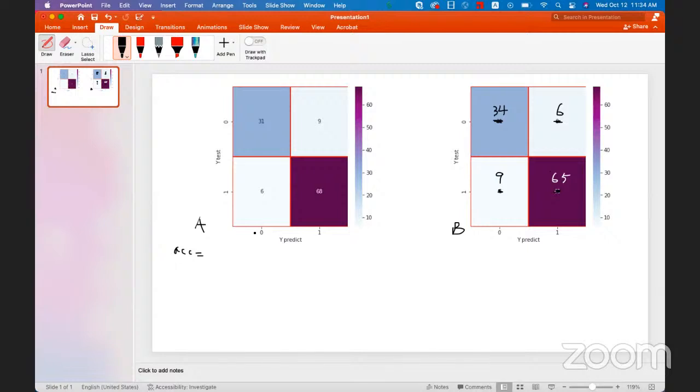So what should be the score? 0, 0, and then 1, 1. You can help me with the formula. It should be 6, 5, 6, 8, and then over the total. Yes.